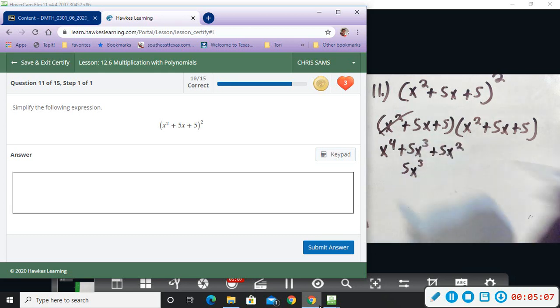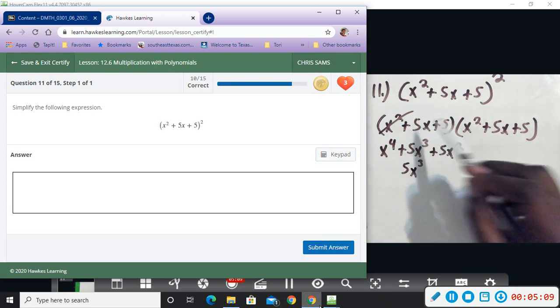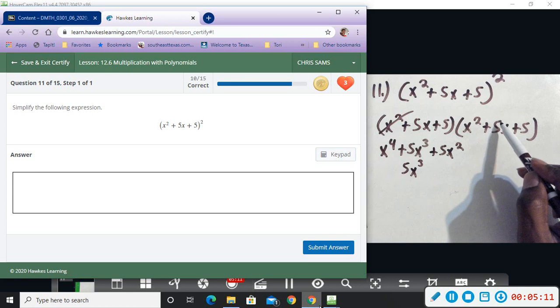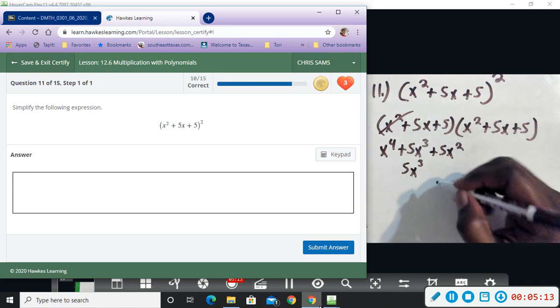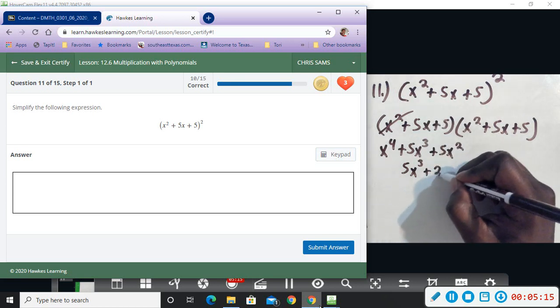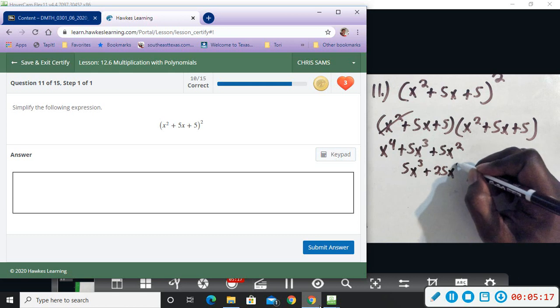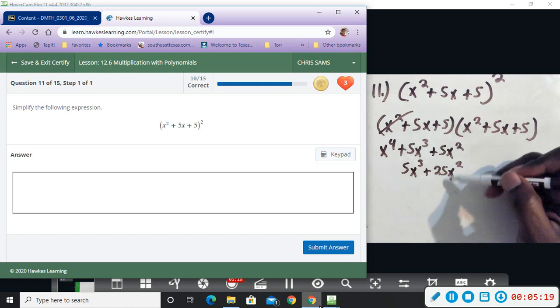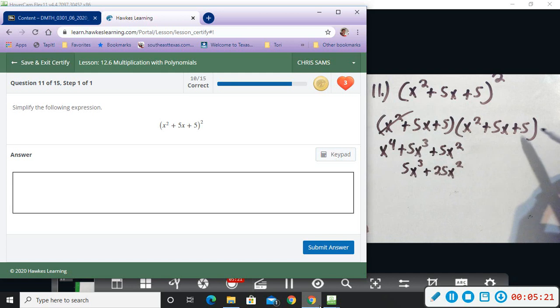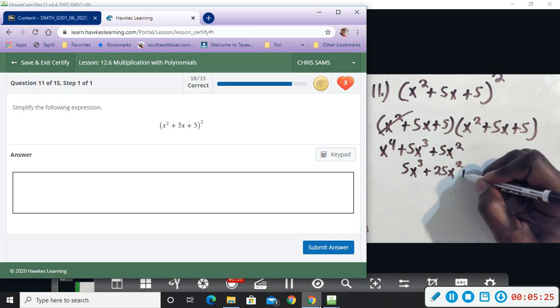Notice I'm lining it up with the like term. 5x and 5x: 5 times 5 is 25, 1 plus 1 is 2, so I get 25x squared. Lining it up with like term. Now 5x times 5 is going to be a positive 25x.